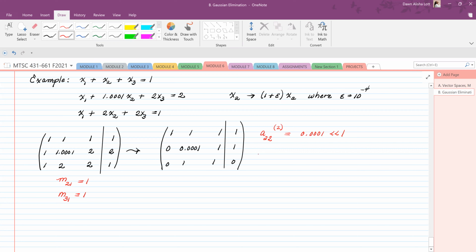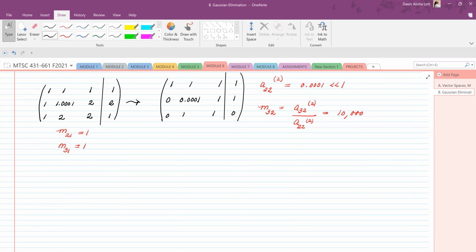And so M32 becomes A32 at the second phase divided by A22 at the second phase. And that just becomes 10,000. All right, so that's a very dominating number.